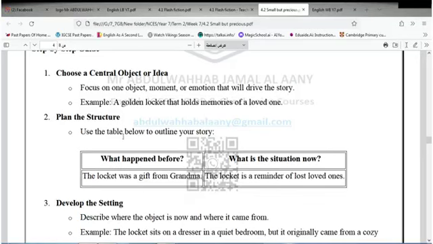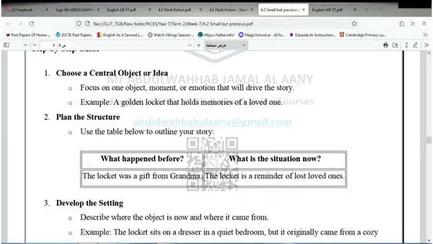Plan the structure. We have to use the outline: what happened before and what is going on now, because it is a flashback. So moving from present into the past, then going back to the present. It happened before: the locket was a gift from the grandmother.